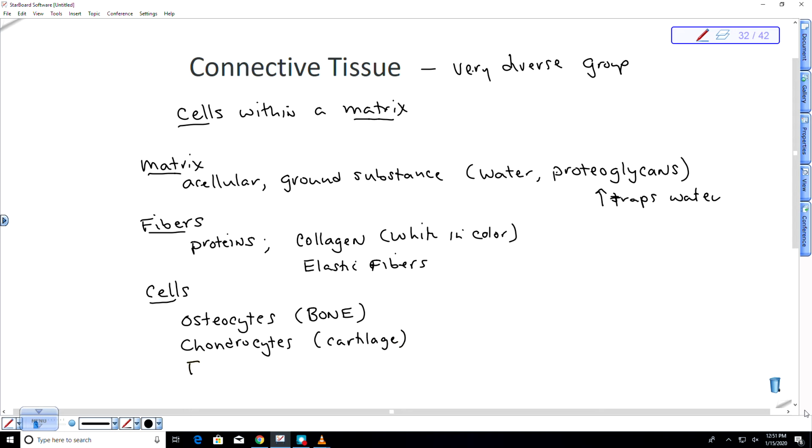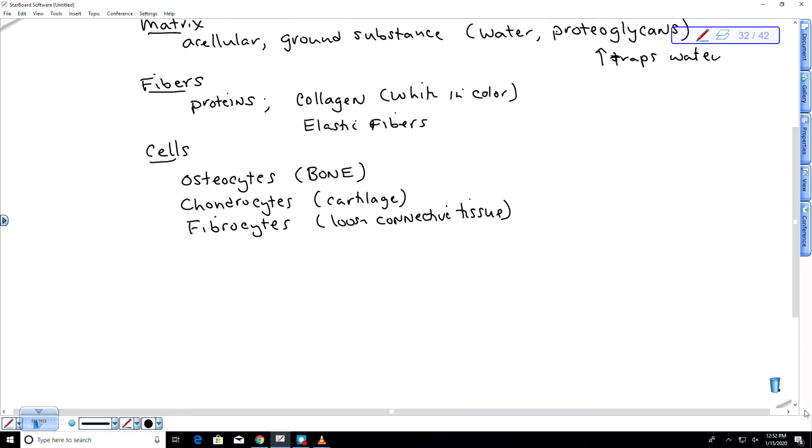And then we have fibrocytes. This would be in loose connective tissue that might be found underneath the skin. They're called fibrocytes. And then we might also have cells that are called erythrocytes. What is an erythrocyte?